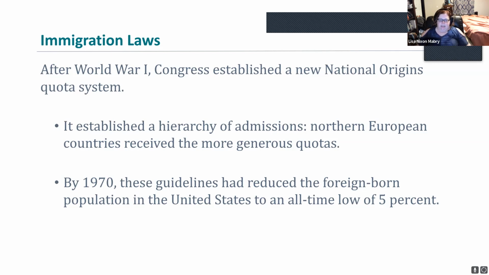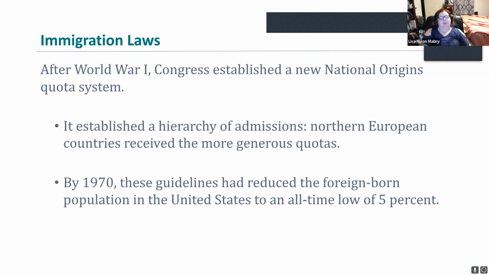By 1970, the foreign-born population in the US had been reduced to an all-time low of only 5%. So we were trying to, I don't know, resegregate ourselves. We were trying to whitewash, is probably a good way to put it. And that obviously causes issues overall.